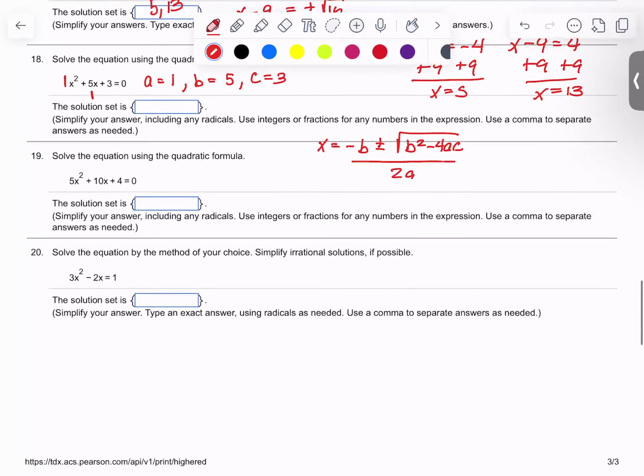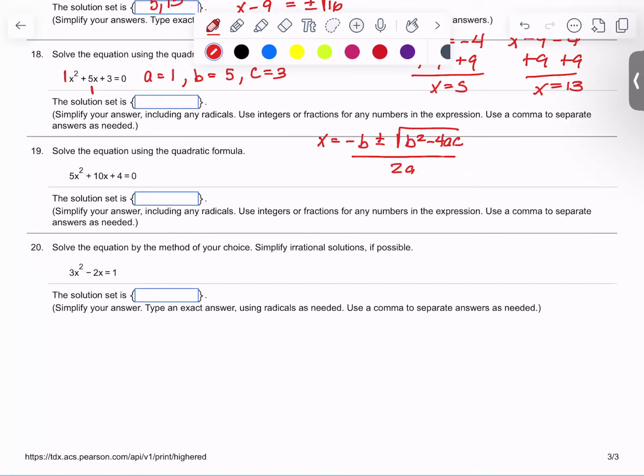Now it's a plug and chug. So x is minus b, minus 5, plus or minus the square root of 5 squared minus 4 times a, which is 1, times c, which is 3, all over 2 times 1.